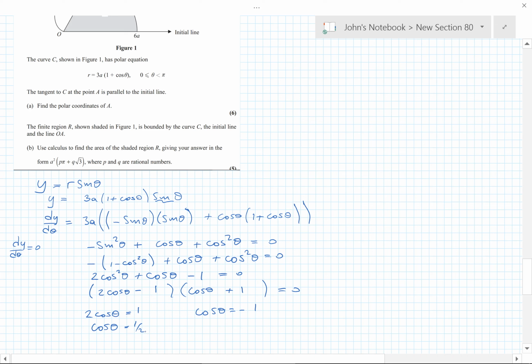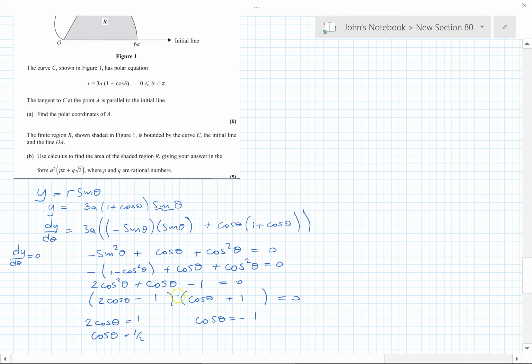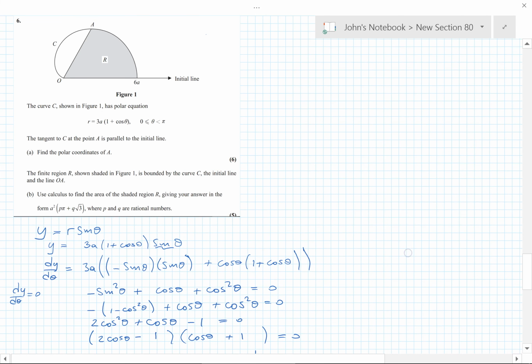Right, okay, so we're only interested in this particular solution here. You might wonder, well, what's that about? It's actually to do with the fact this is a cardioid, and on the other side of this bit here, it's almost coming in at a tangent that way on our cardioid, which is why we've got the minus 1.